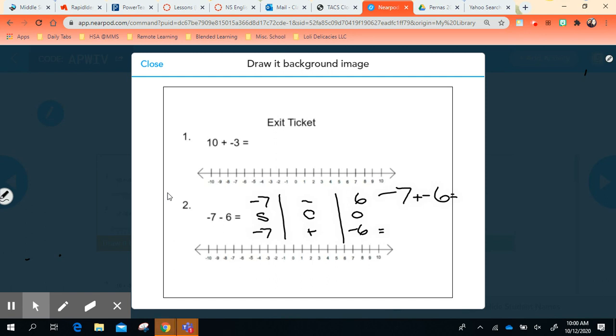No, it's supposed to get bigger because I'm adding two negative numbers. So if I start at 0 and I go 7, and then I'm adding -6, that means I'm going to keep going to the left because my number is still negative. So I have 1, 2, 3, 4, 5, 6, and I ran out of space. But you know that it's -11, and then -12, and then -13. So my answer ends up being -13.